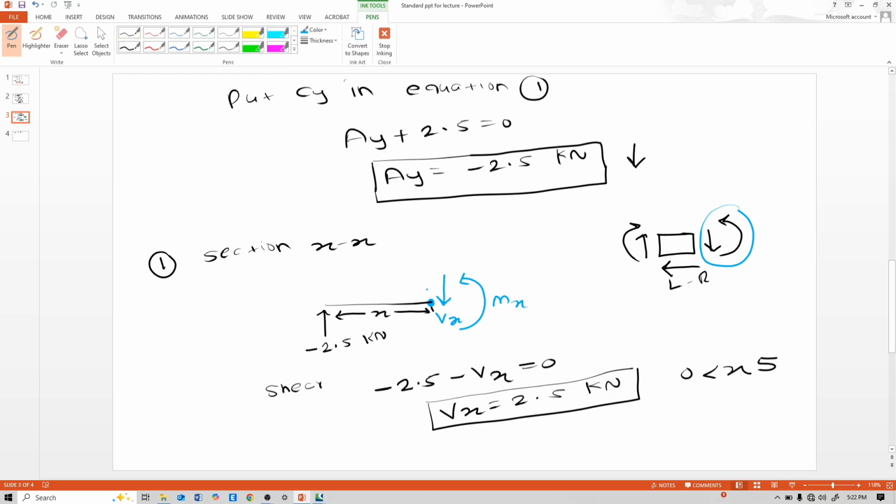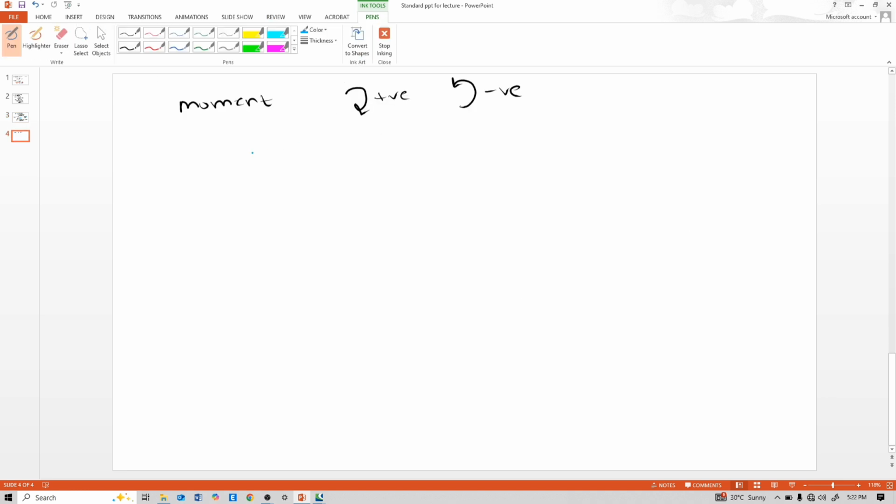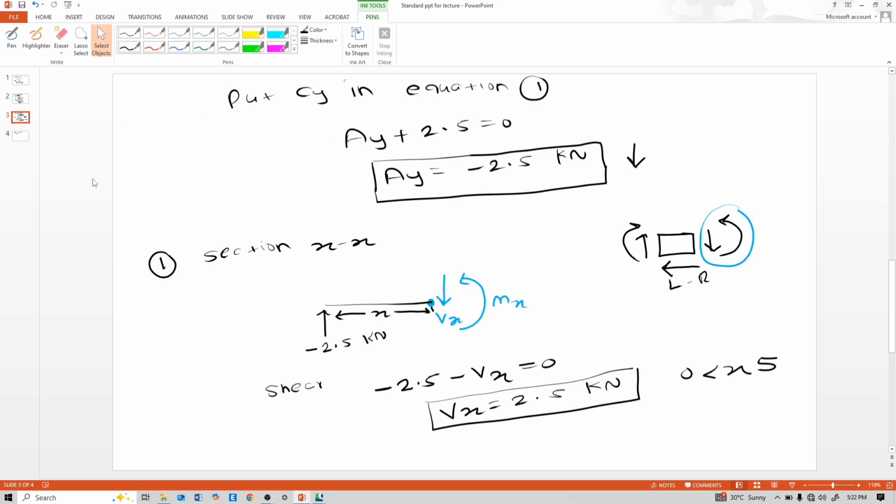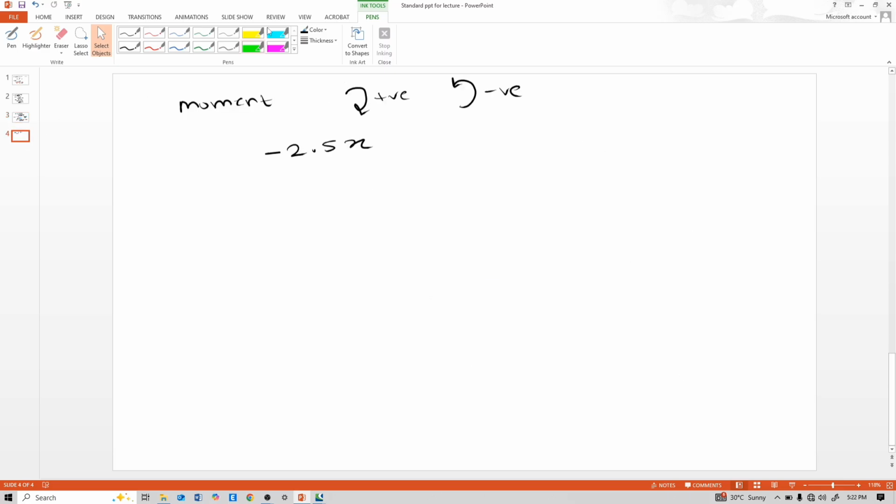So this clockwise is minus 2.5 into x, and this is anti-clockwise minus Mx equal to 0. So Mx is equal to minus 2.5 x, and this x is also in between 0 to 5.